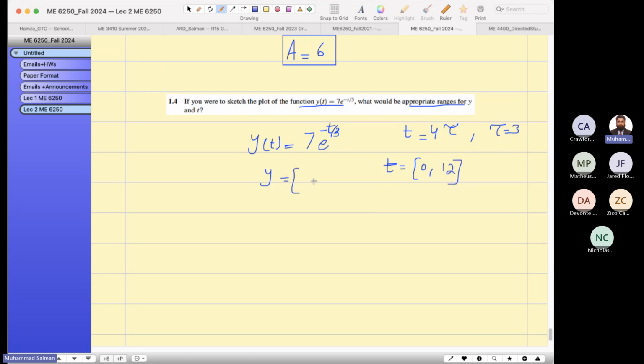You see my point? When you plug in 0 over here, let me double check, I have to put 7 here. When time t equals 0, y is equal to 7.